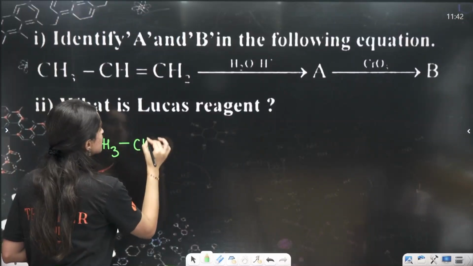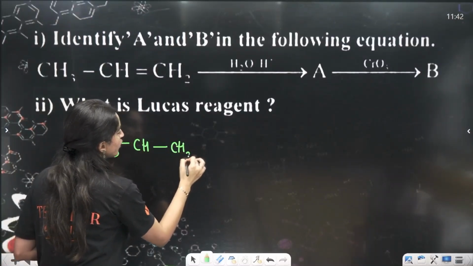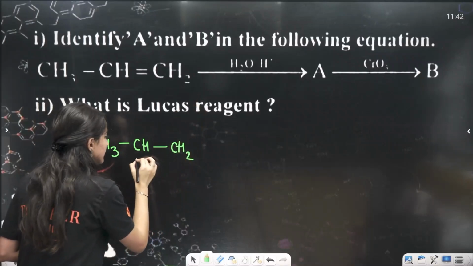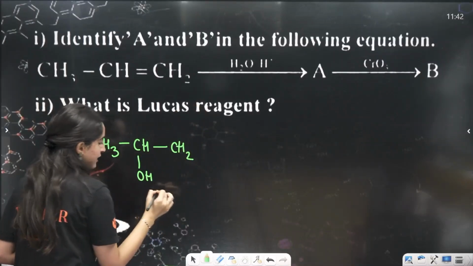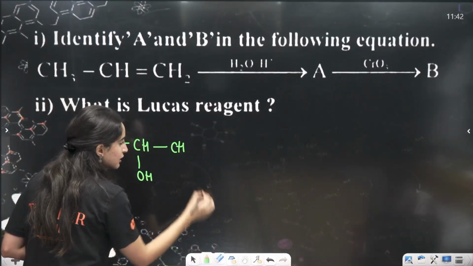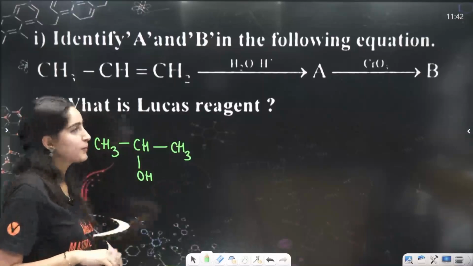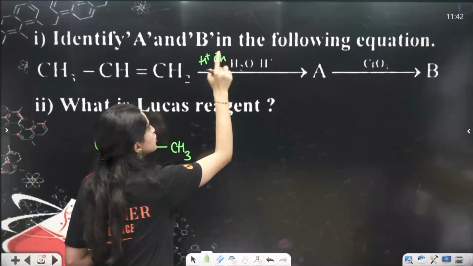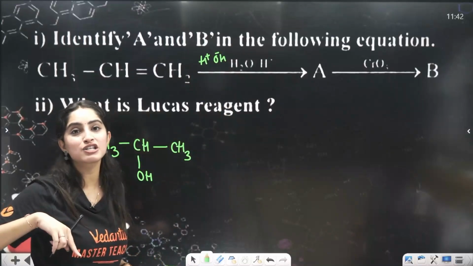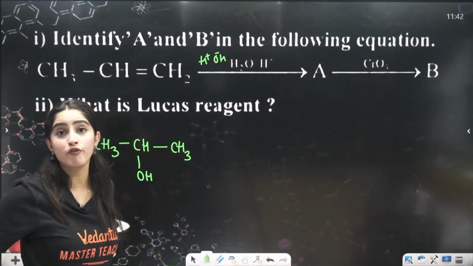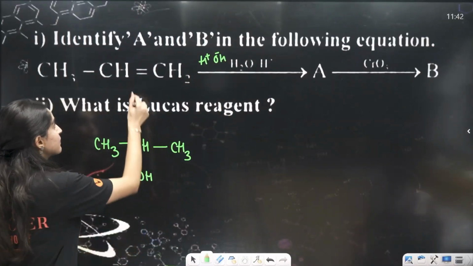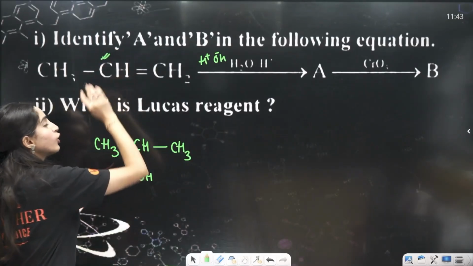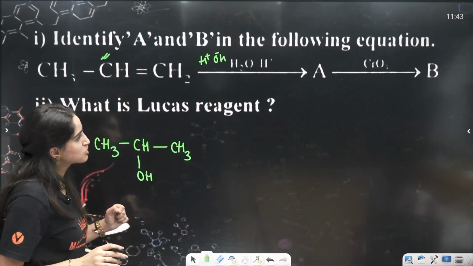Because it is acidic hydrolysis, to the carbon with fewer hydrogens the OH, the negative part, will attach, and to the carbon with more hydrogens the hydrogen will attach. Because in water you have H positive and OH negative. So the negative part will attach on the carbon of that double bond which has fewer hydrogens. That means on this carbon the OH will attach. You will have the formation of this.